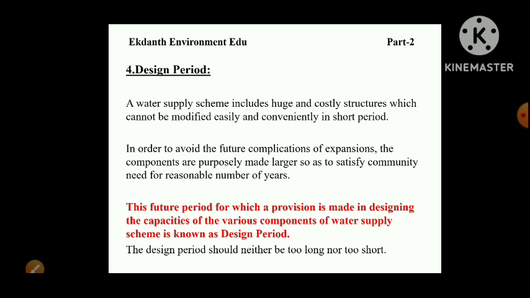This future period for which a provision is made in designing the capacity of various components of water supply scheme is known as what, design period. If we design a component keeping a future period in mind, increasing its capacity not according to the present population but according to the future population, then that future period is what we call the design period. Okay, you must have understood what design period is.